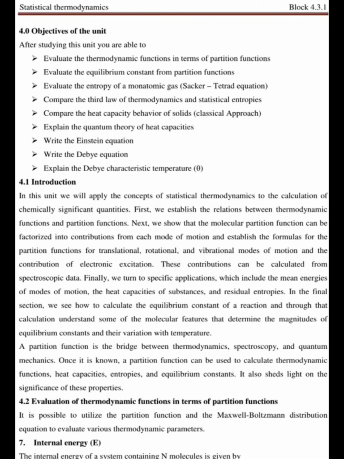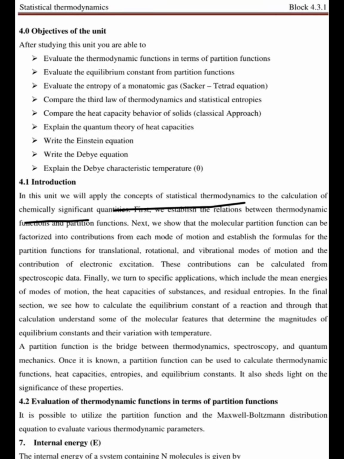In the introduction, here we are going to study the concepts of statistical thermodynamics to calculate chemically significant quantities. So we study this to calculate the equilibrium constant of a reaction.